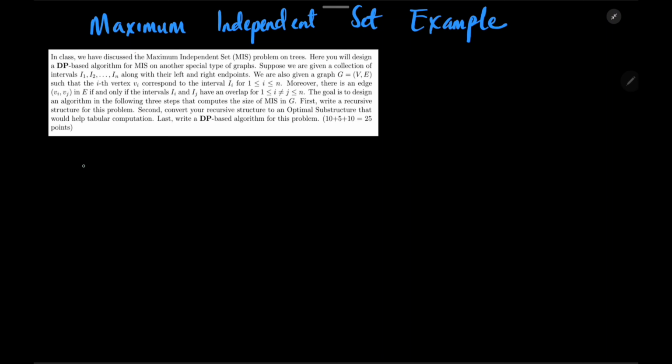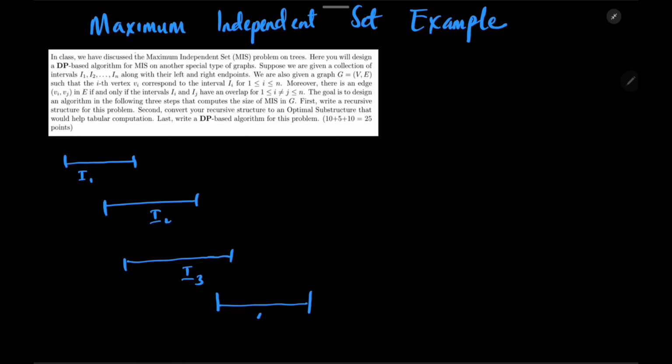Let's call this interval 1, I1. Let's call this another interval, interval 2. Let's call this interval 3. Let's call this interval 4, and so on and so forth. Let's call this interval 5.